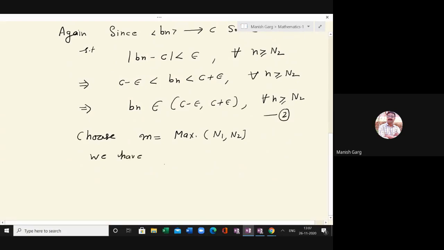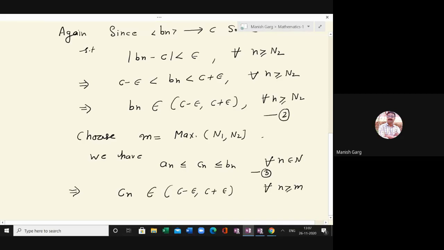Now, it is given that an is less than or equal to cn is less than or equal to bn for all n natural number. So can I say from 1, 2 and 3, suppose this is 3, no need to write 3, that cn will be an element of (c minus epsilon, c plus epsilon) for all n greater than or equal to m?